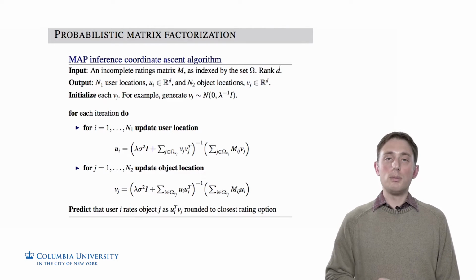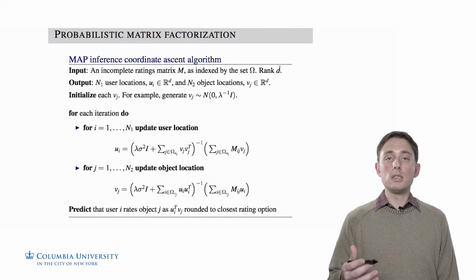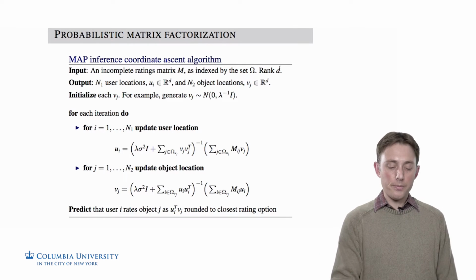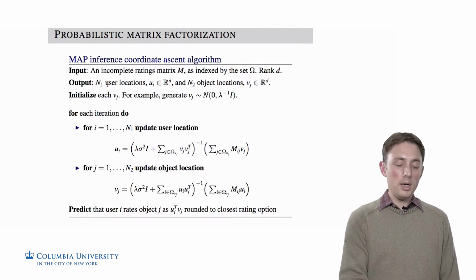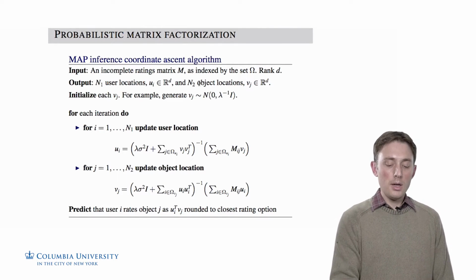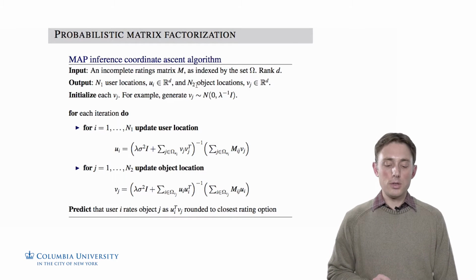So we input the dimensionality of this latent space that we want to embed all of these users and objects into. The output is going to be N1 user locations, where each user is located in R^D, and N2 object locations, where each object is also located in R^D, so the same space.